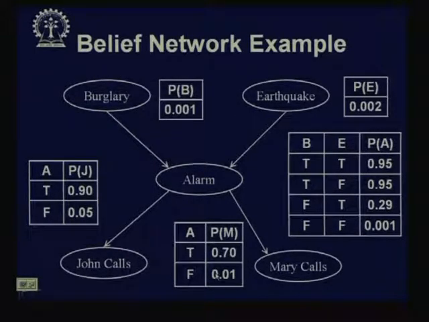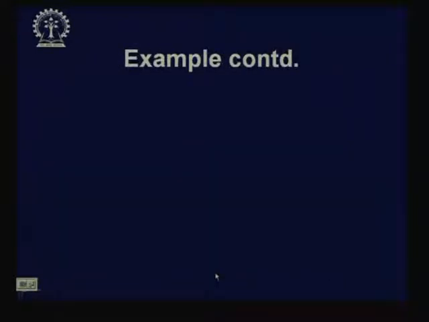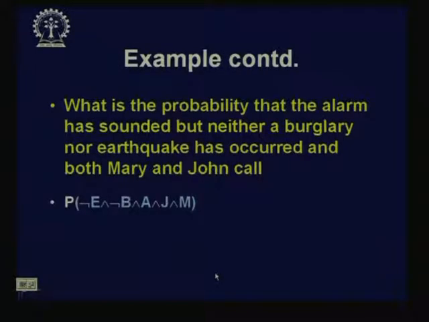How would I reason about it? I am trying to model this scenario: the probability that there was no earthquake, there was no burglary, and there was an alarm. The alarm has sounded, John called and Mary called.